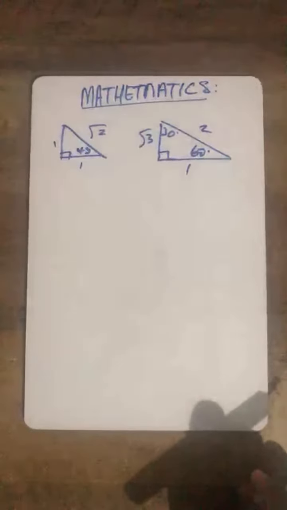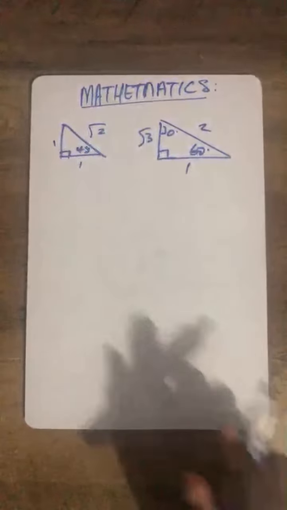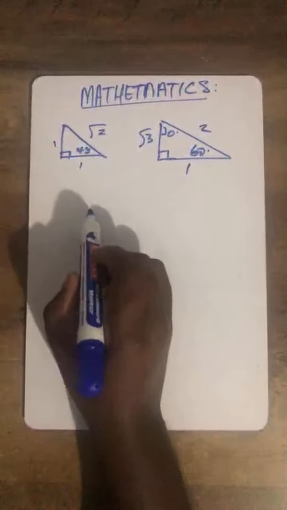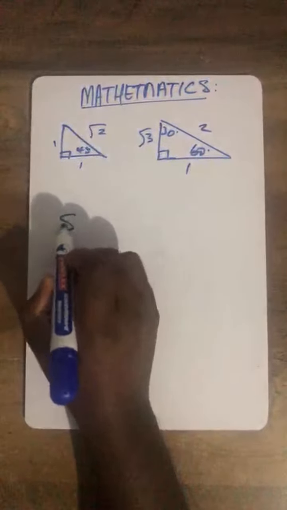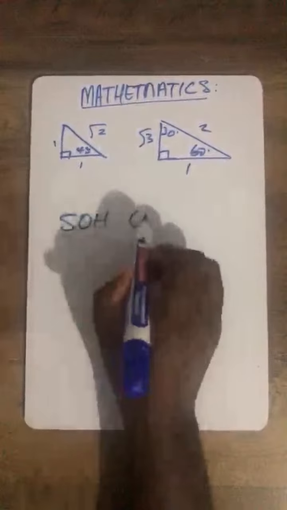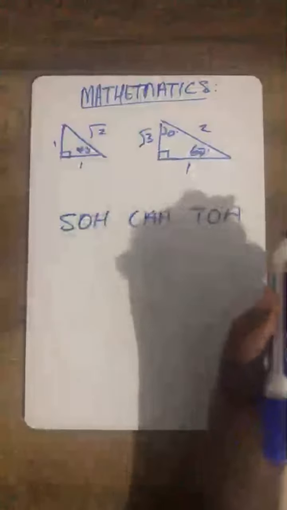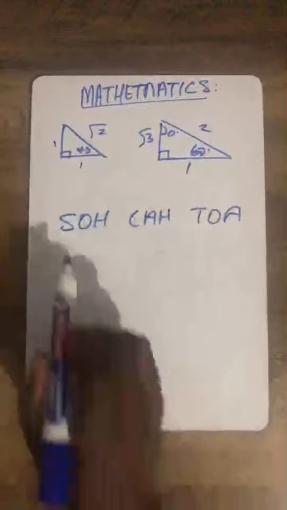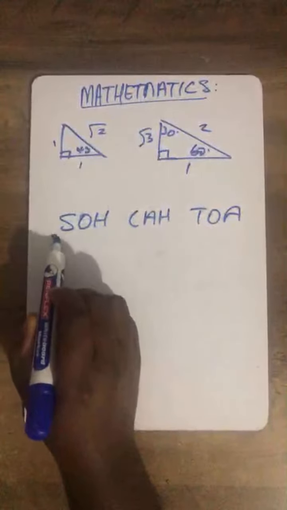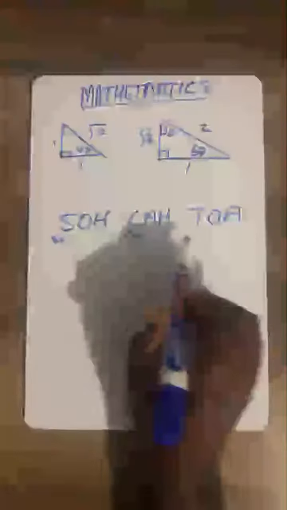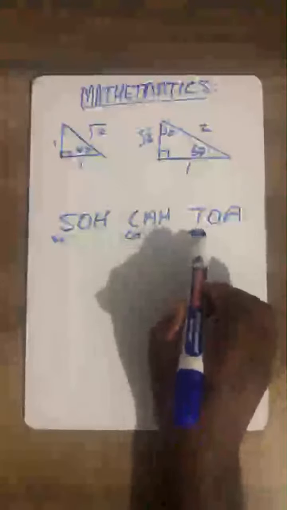In addition to that, we talked about what we call SOH CAH TOA, where S means sine, C is for cos, and T is for tan.